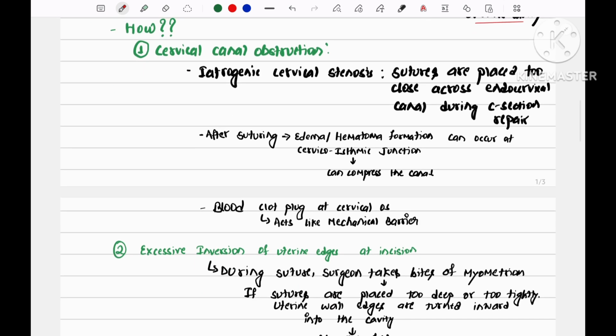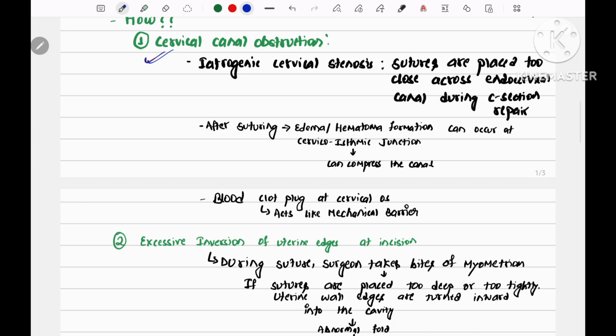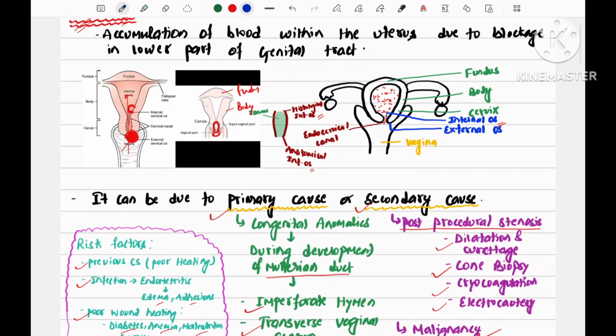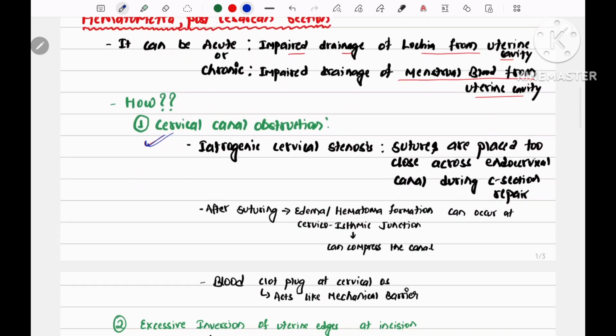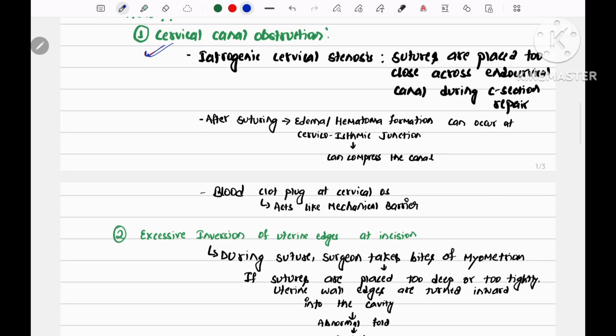So the first one is cervical canal obstruction. We know that this part is the cervix. For cervical canal obstruction, one cause is iatrogenic cervical stenosis.